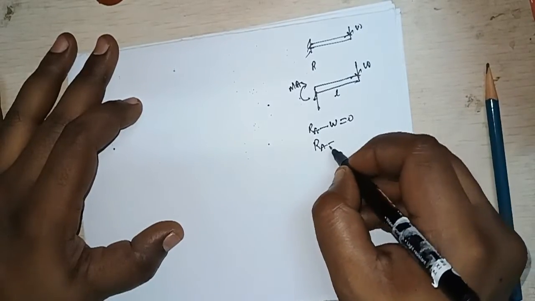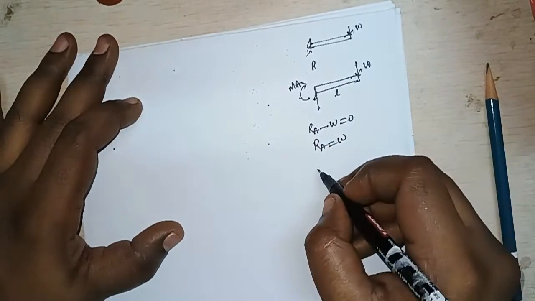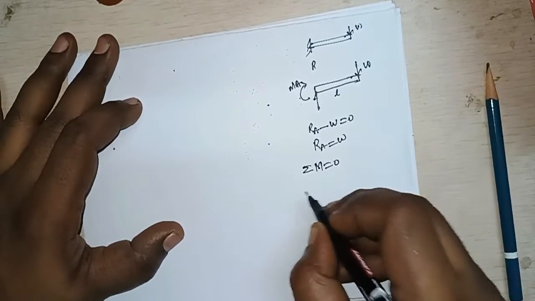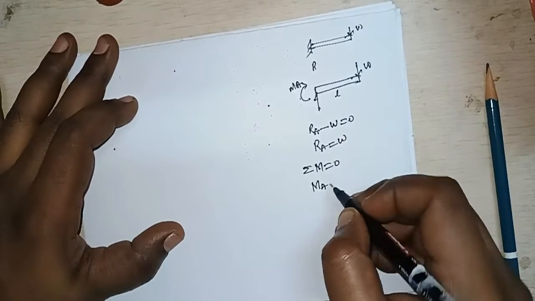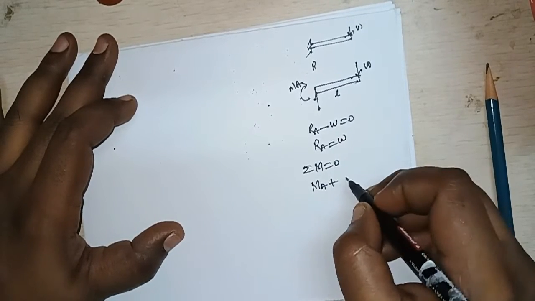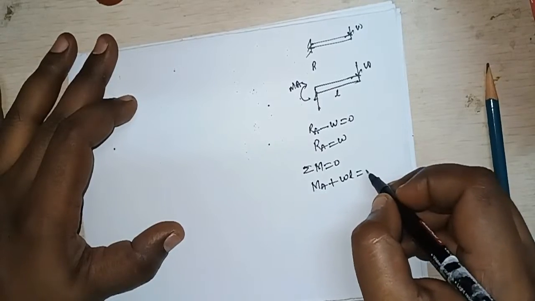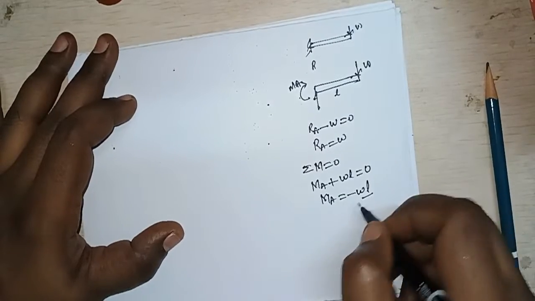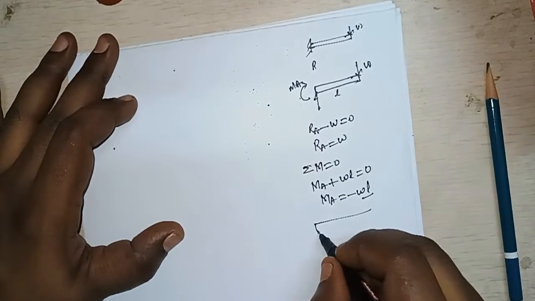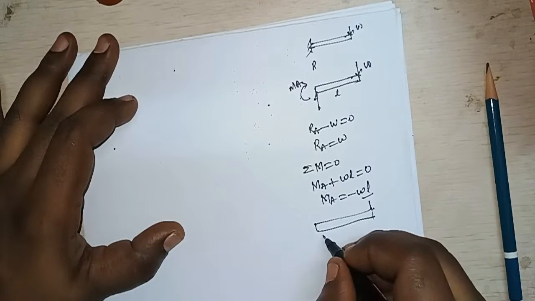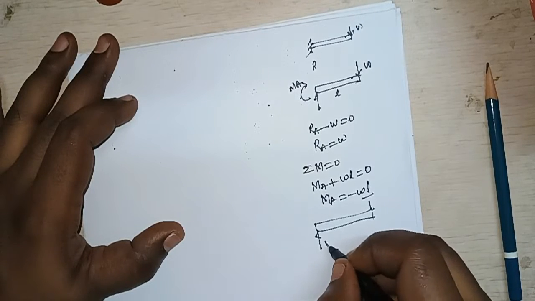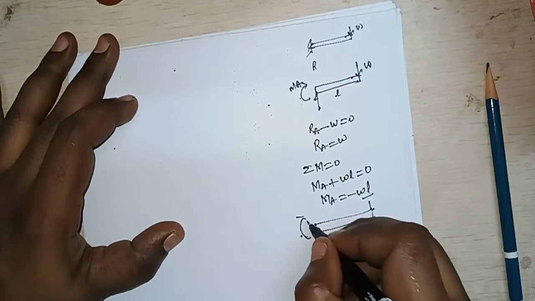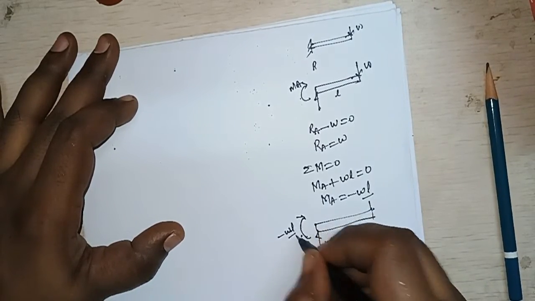So RA is equal to W. What is the moment reaction? Sum of the moments is equal to 0. So MA plus W into L is equal to 0. MA is equal to minus W into L. So this beam has a reaction over here which is positive W, and it has a negative reaction over here, that is minus WL.